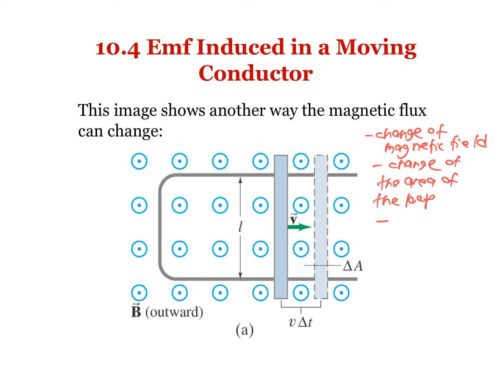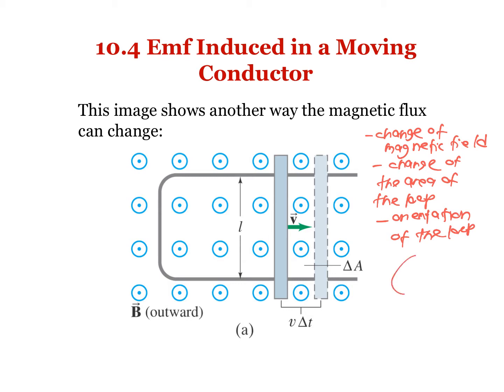And the last one is the orientation of the loop. So an increase or decrease of magnetic flux is going to affect the direction of the induced current.